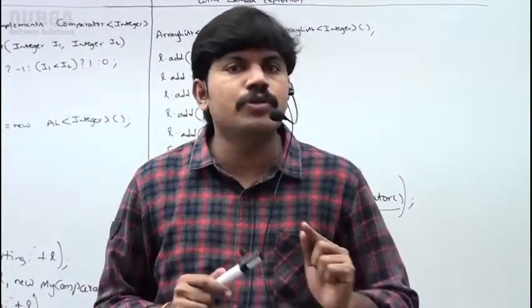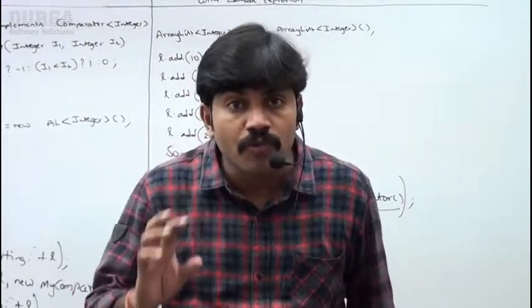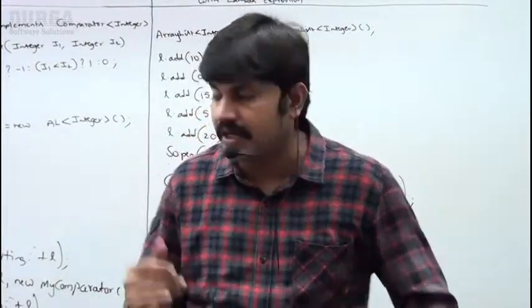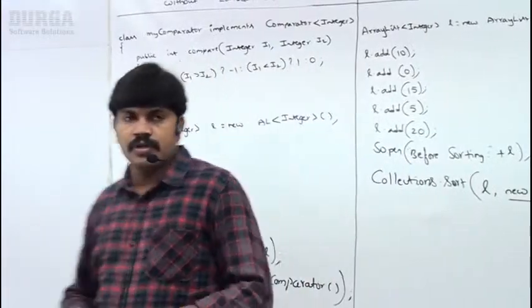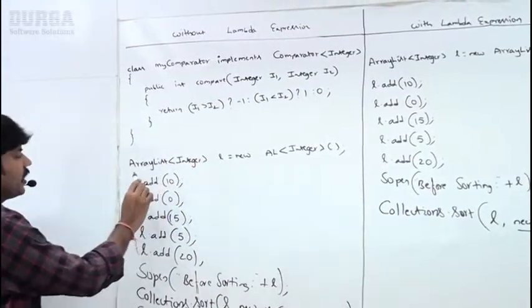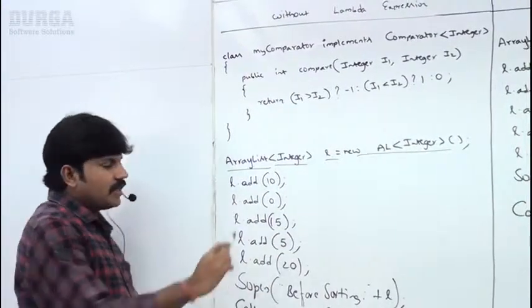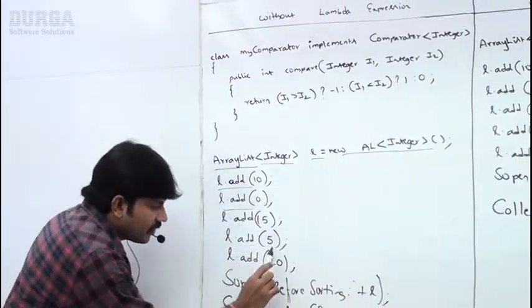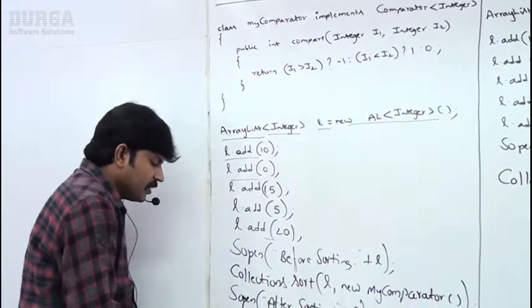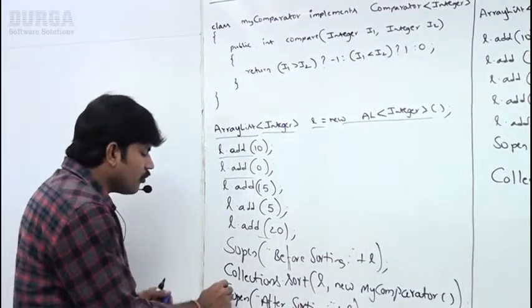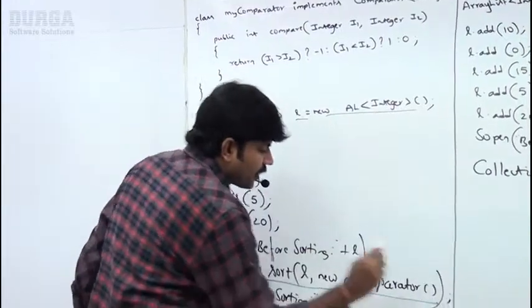Now, sir, I'm ready to use lambda expressions for the collections concept. Observe that. I just took a small ArrayList of Integer L equal to new ArrayList of Integer. L.add of 10, 0, 15, 5, 20 before sorting. Sir, do you remember how you can define our own sorting?